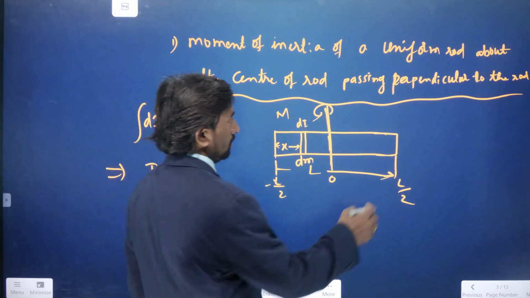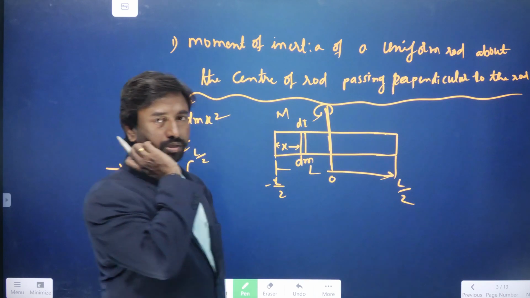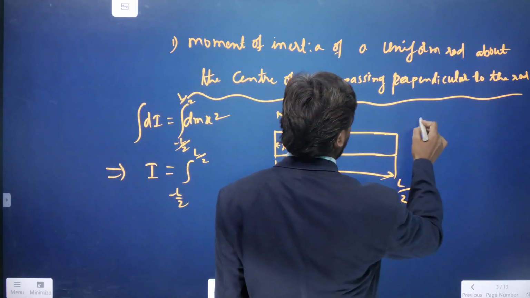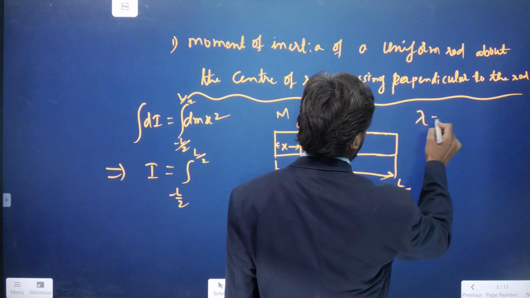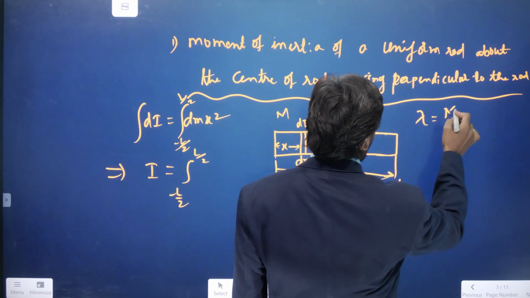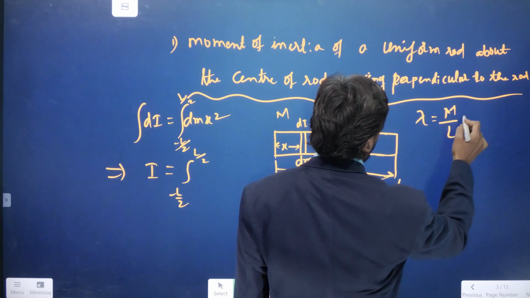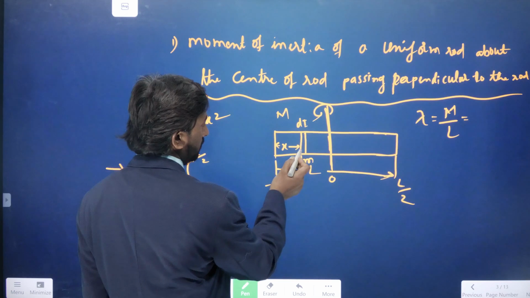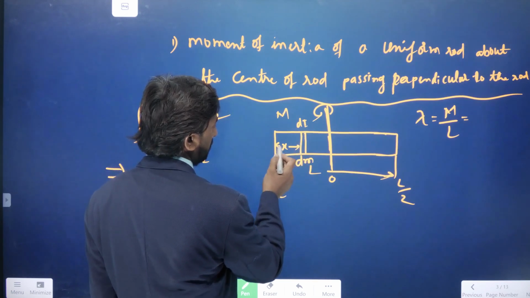So dm value we can write like this, by using the linear mass density. The linear mass density lambda is equal to mass per unit length, which is the mass of the rod and its length. So what is the length here?